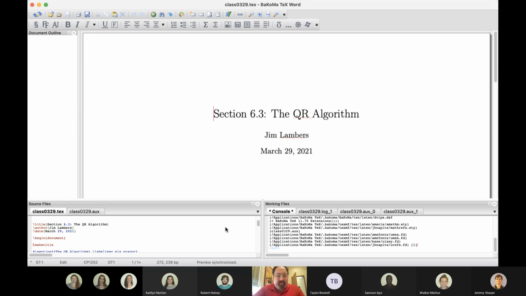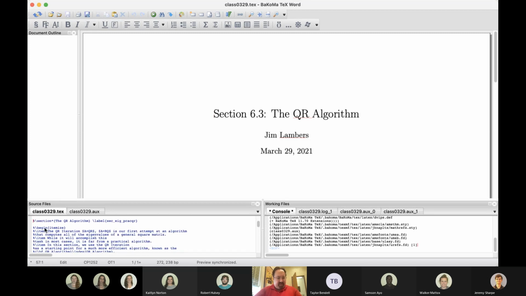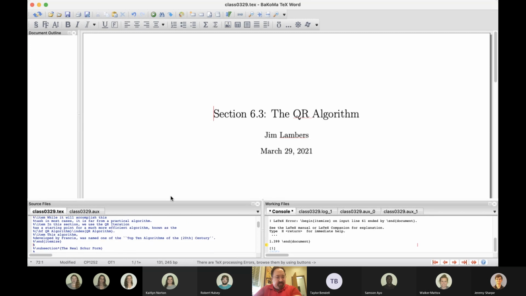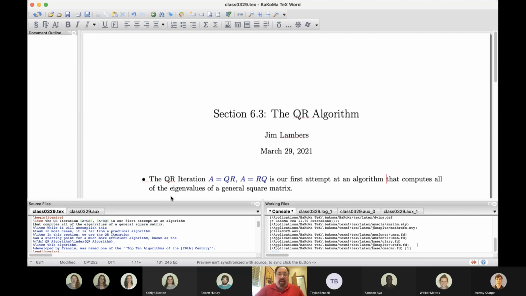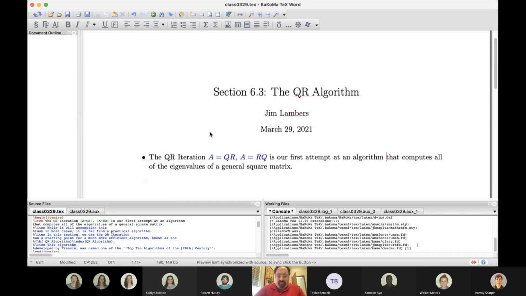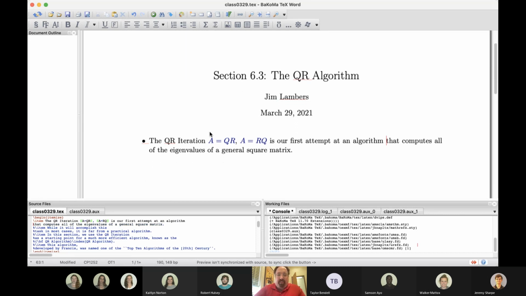Okay. Now, where we left off is that from the power method, we arrived at a surprisingly simple iteration called a QR iteration, where you compute the QR factorization of A, and then you just multiply the factors in reverse order.